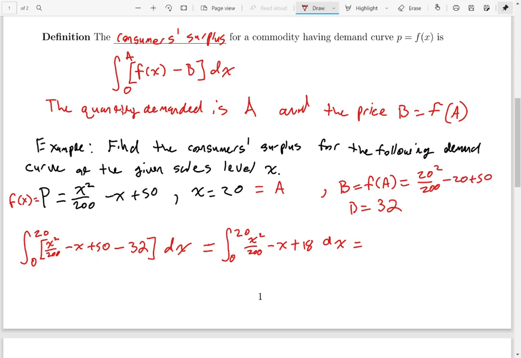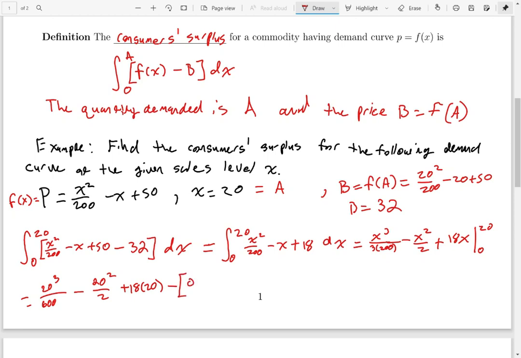And so our antiderivative, that's going to be x cubed over 3 times 200 minus x squared over 2 plus 18x over 1, and from our limits of integration, 0 to 20, then I get that this is 20 cubed over 600 minus 20 squared over 2 plus 18 times 20 minus 0 cubed over 600 is 0, minus 0 squared over 2 is 0, plus 18 times 0 is 0, which I then get to be approximately $173.33. And I did round because it was 0.33 infinitely repeating.